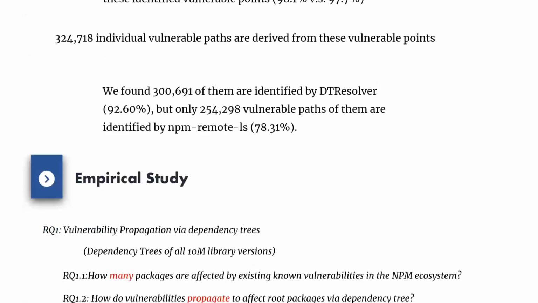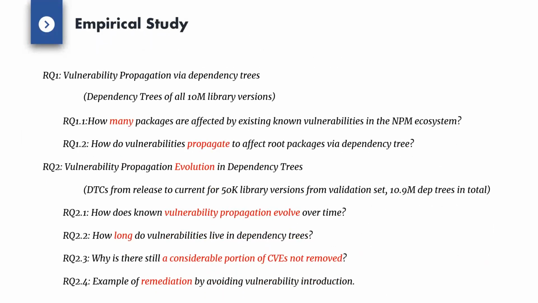Based on DVGraph and DT-Resolver, we are able to carry out the ecosystem-wide empirical study on vulnerability propagation via dependencies, as well as the evolution of vulnerability propagation along with dynamic dependency tree changes.